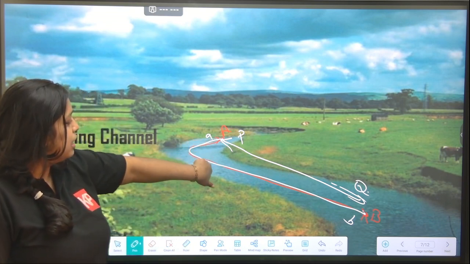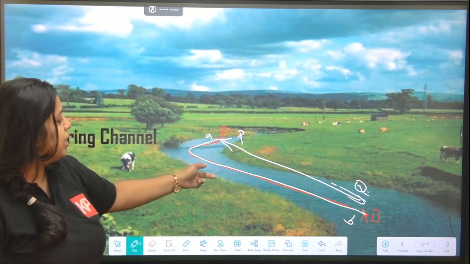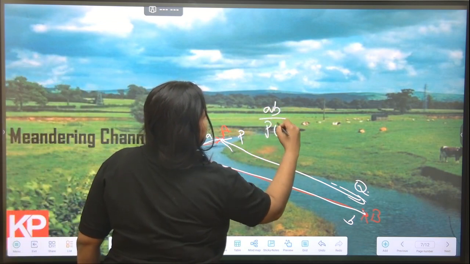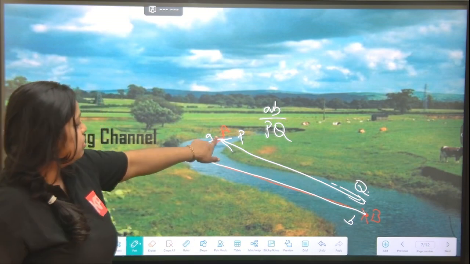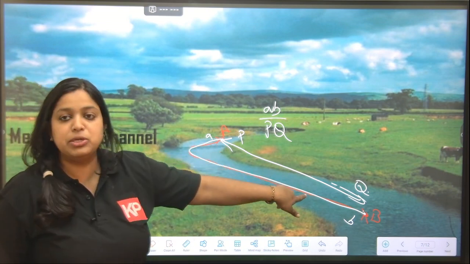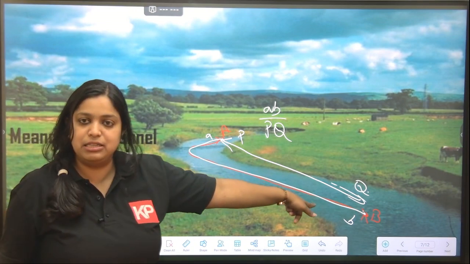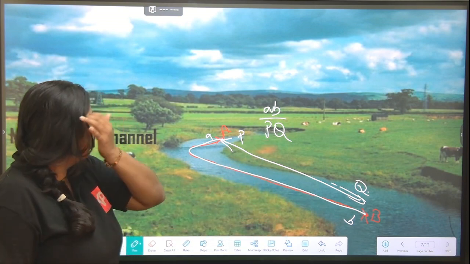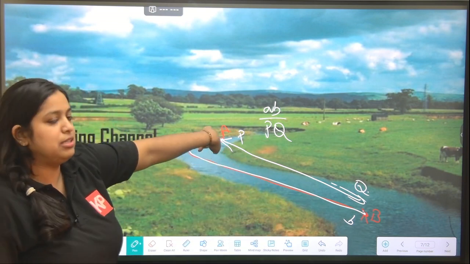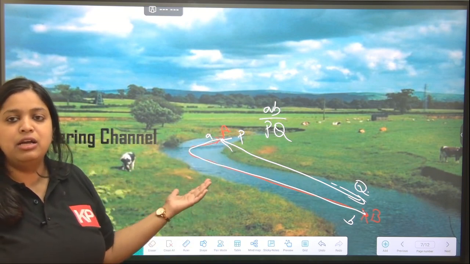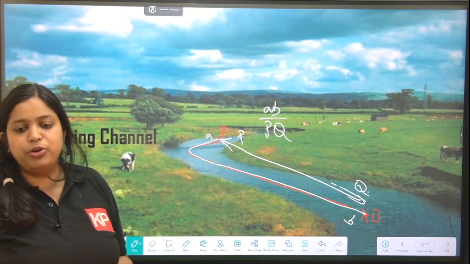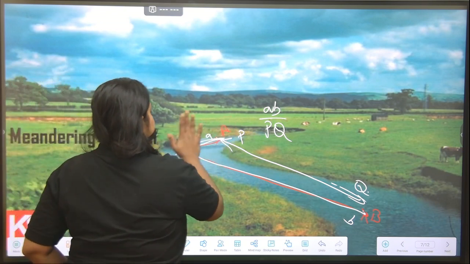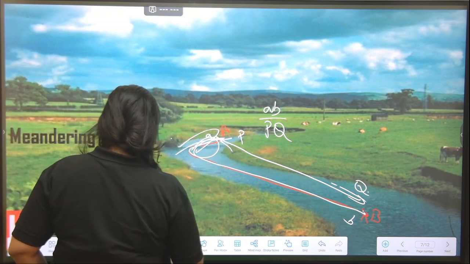So sinuosity is ab divided by PQ. You can see from here the displacement is much smaller than the channel course length, the distance through the center of the channel. So the sinuosity is very high, greater than 1.5 for this particular channel, and this particular channel is a meandering channel.